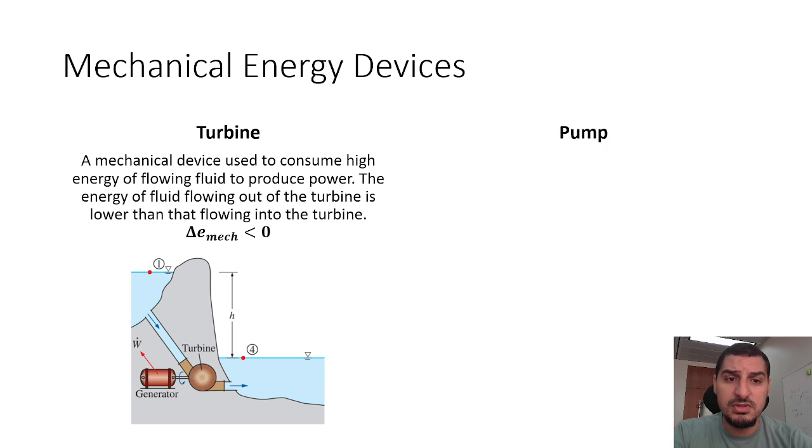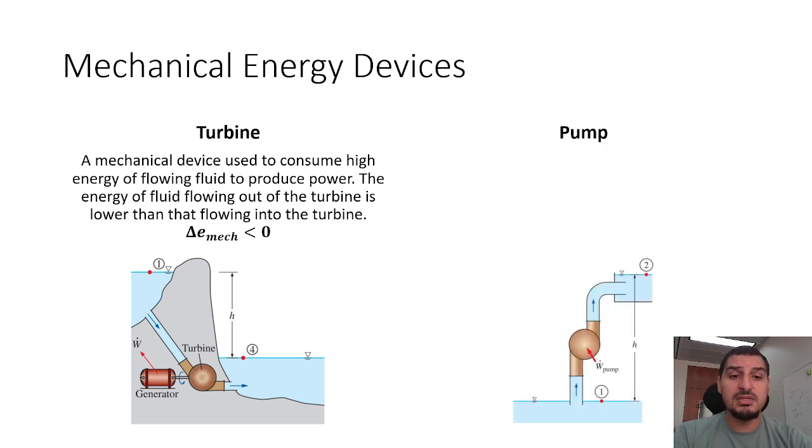The second type is the opposite, which is a pump. A pump is a device that is used to supply energy to the fluid so that it can transfer to further distances or to higher elevations. We use it a lot at homes. In your home, if you live on a high second or third floor, there is a pump needed to push the water and allow it to go to high floors.